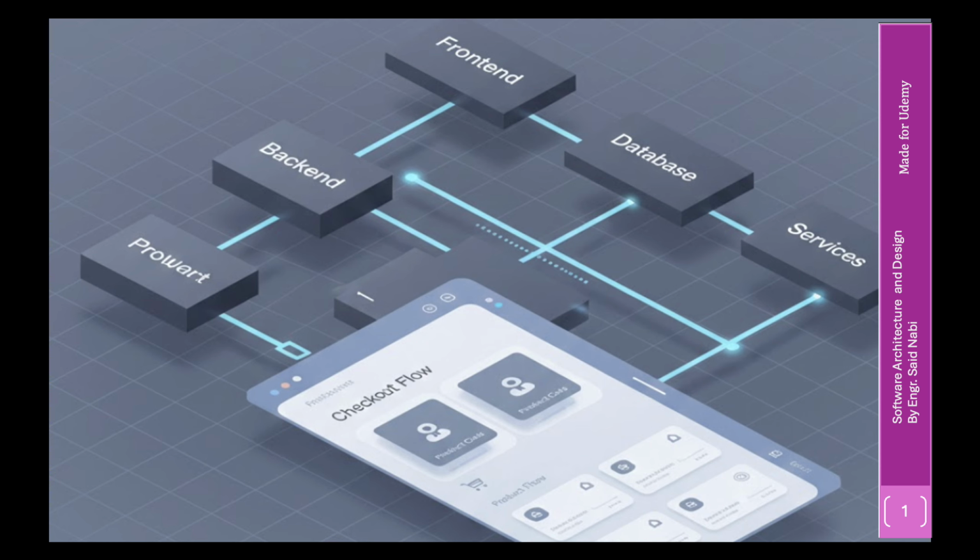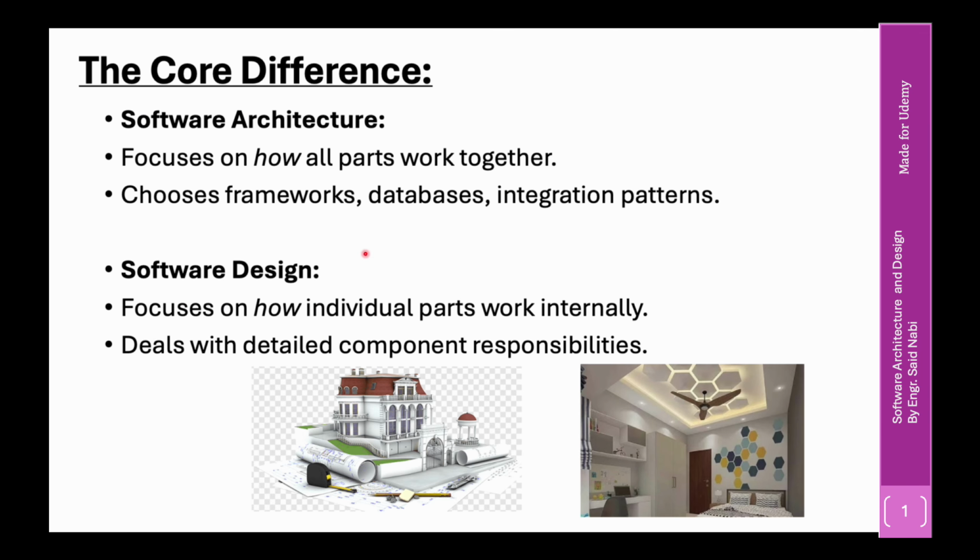And the design of the same system would be designing the user experience and behavior: product pages, shopping cart flow, checkout screens, button placement, colors, fonts, and error messages. So these details will come inside the design of this shopping app. Software architecture defines the structure and major components of a system, while software design focuses on the detailed behavior and user experience built on top of the structure. So software architecture is the bigger picture, while software design is the detailed view of that picture.